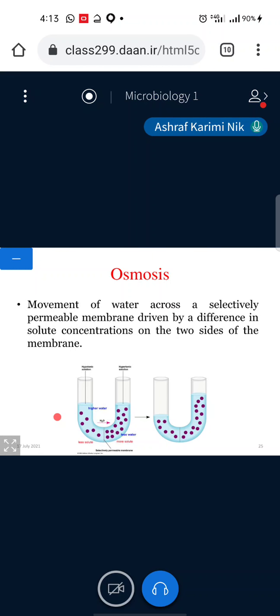Hypotonic means low concentration. Hypertonic means high concentration. Water can cross from low concentration to high concentration environment. Thus, osmosis means movement of water across a selectively permeable membrane driven by a difference in solute concentrations on the two sides of the membrane.